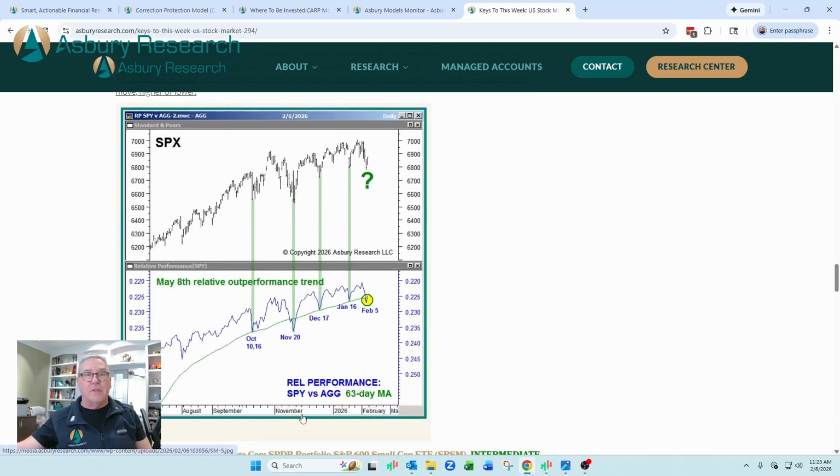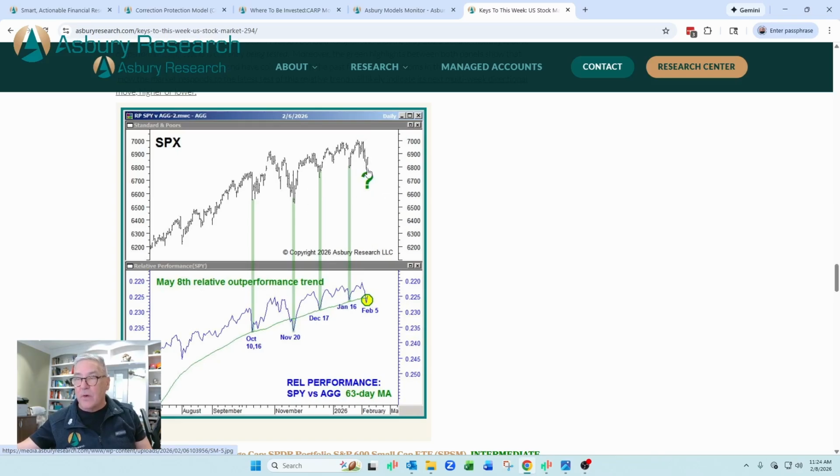This is SPY versus AG, stocks versus aggregate bond index. You can see each time that the 63-day trend of outperformance by the S&P 500 was tested, October 10th through 16th, tested and held. Nov 20th, tested and held. Dec 17, Jan 16, and right now.